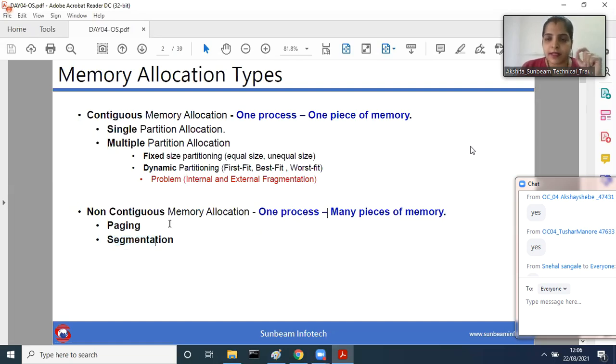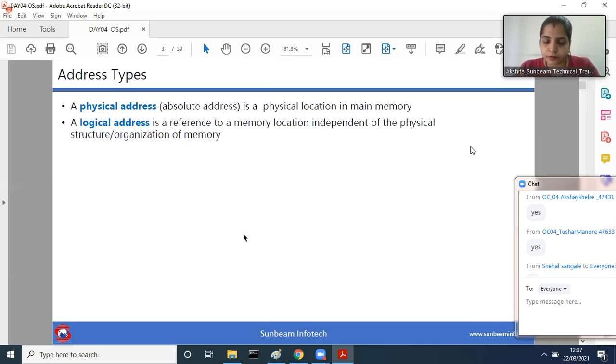This is the technique used by the operating system when I have a memory, and that memory is utilized by different processes, not in a continuous way. It is in a random way. That is why it is called non-contiguous. And why do we go for it? Because the problem in contiguous memory allocation was internal and external fragmentation. So we will see what is paging and what is segmentation.